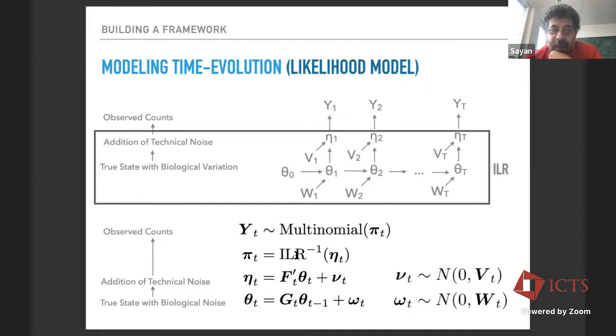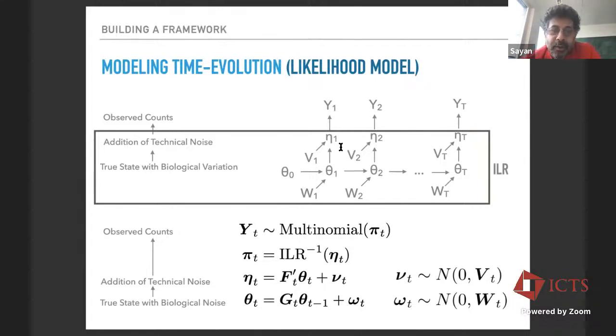These probabilities pi are given from the inverse transform, right, of these etas. These etas are being updated linearly, right? In terms of the technical noise, and then the underlying states theta are being again updated linearly, right?